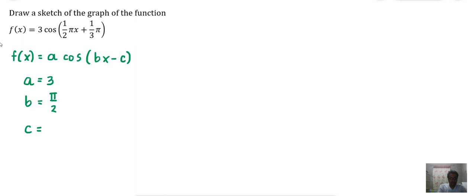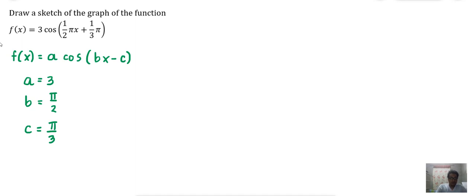Okay, so pi over 3. Let's not put the negative. Basically, we know that since the signs are different, we will shift our graph later on to the left instead of to the right. Okay, so C is pi over 3.